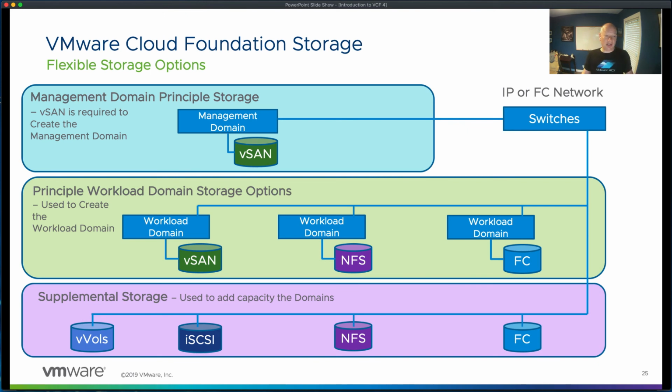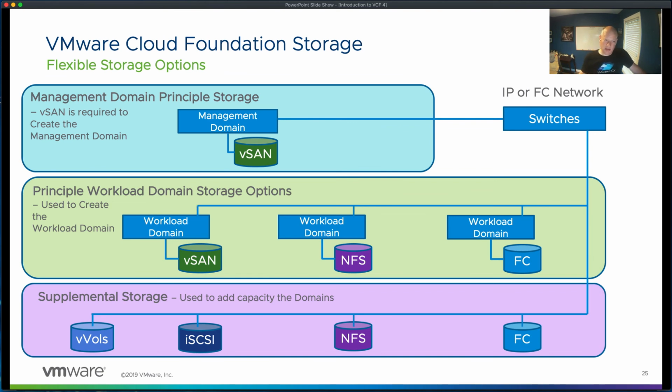So we can actually use vVols, iSCSI, NFS, Fiber Channel, all these different components can be added as additional storage. It's just we have a couple different types of storage that are needed to create that workload domain on that initial creation process.